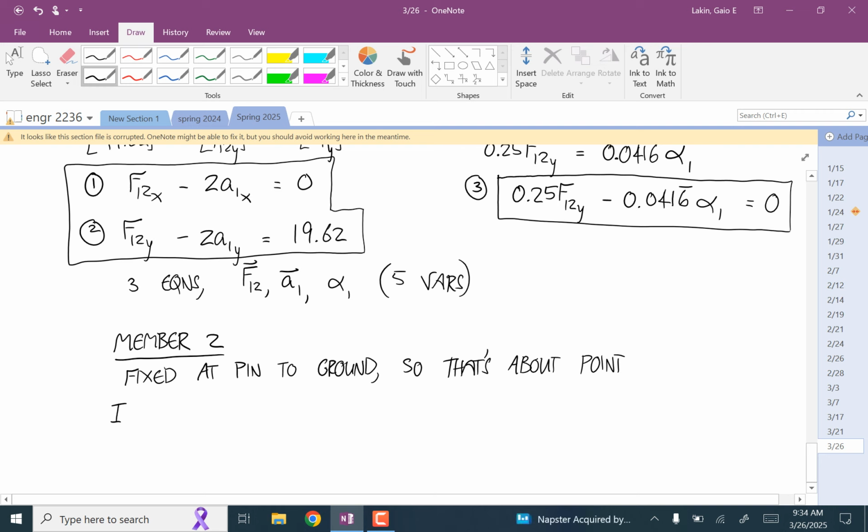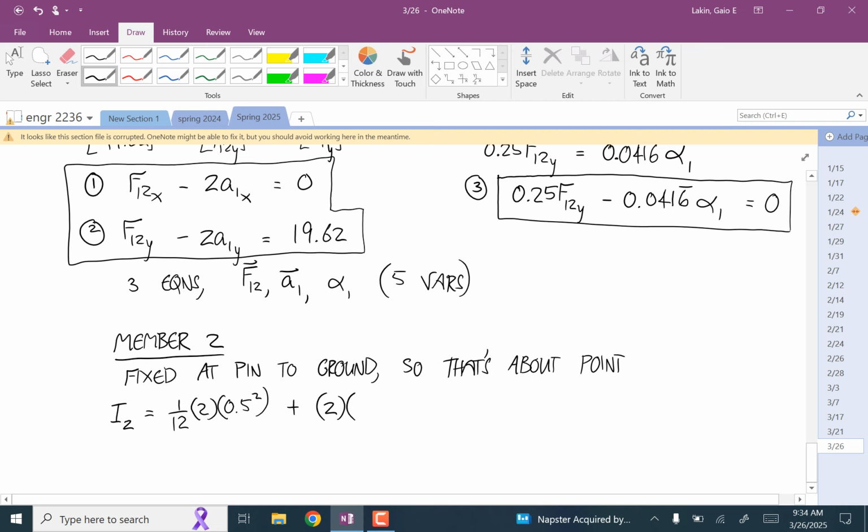And so the moment of inertia of body 2 is, we're going to have to use the parallel axis theorem. So this is 1/12 times 2 times 0.5 squared plus the mass times the distance squared from the center of mass to our actual about point. The mass is 2.